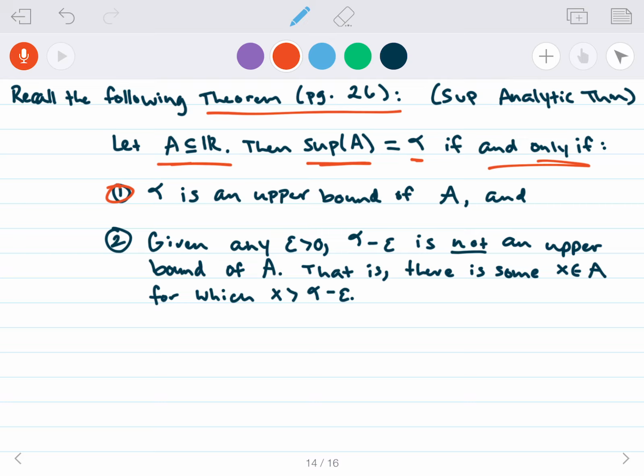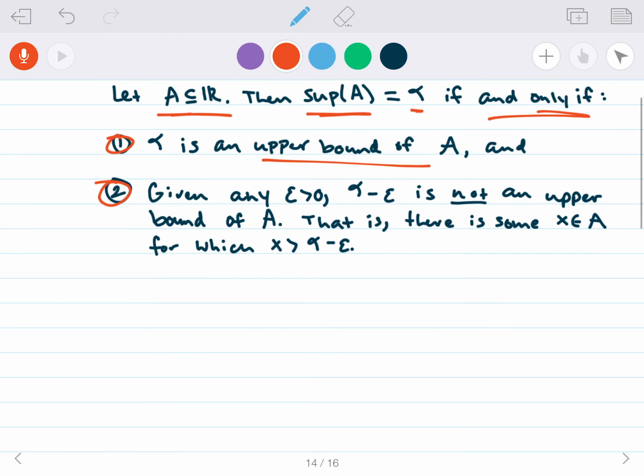The first condition is that alpha is an upper bound of A. So remember that alpha has to be bigger than or equal to anything in A. So that's the upper bound. And then the second condition is given any positive epsilon, alpha take away epsilon is not an upper bound of A. Okay, so that means that there is some x in our set so that x is actually bigger than our alpha minus epsilon.